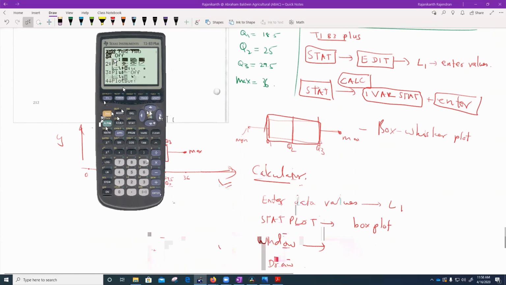So move the cursor to the box plot, number 4. I need number 4. Okay, so then enter. Then it will ask you which data you put. I have put the data into the L1 column. If you put L2, make sure that you are changing there. But I already have entered all the data into L1. I'm good. Keep the frequency as 1. Okay, so this is the setup. That's it.